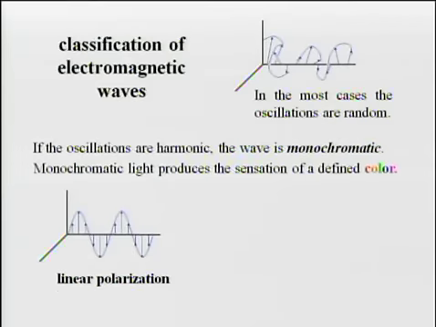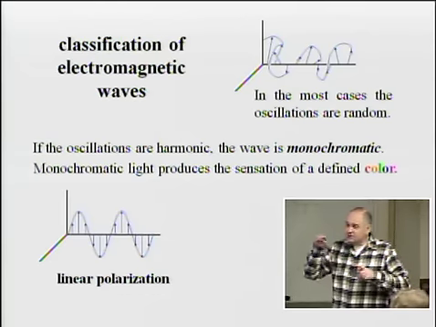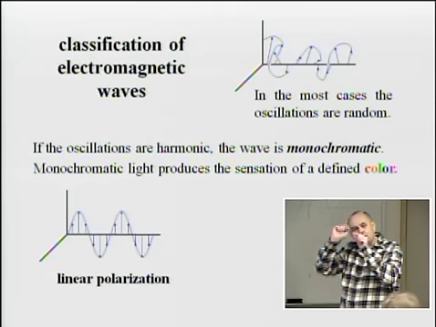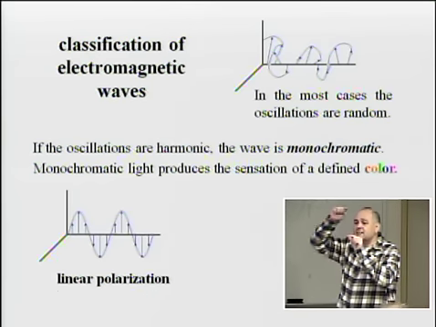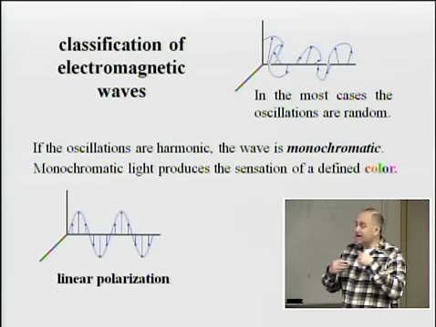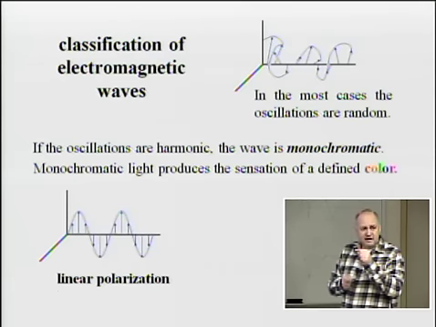All right, now if the oscillations follow a certain pattern, then we say that the light is polarized. So, for example, if I consider this point over here, and if the light coming out from a lamp was oscillating only up and down, then we would have a linearly polarized light in a vertical plane.